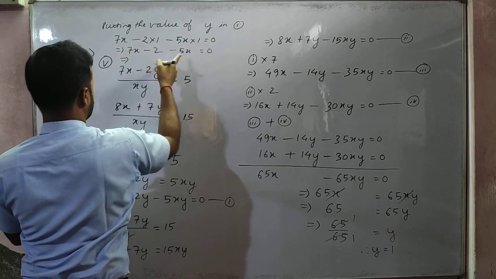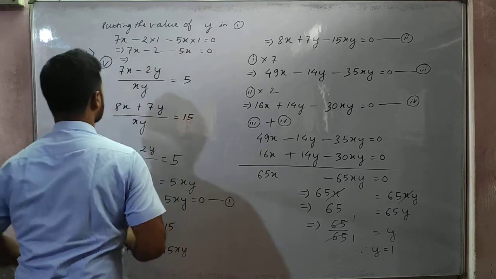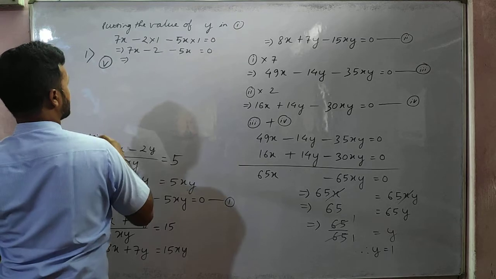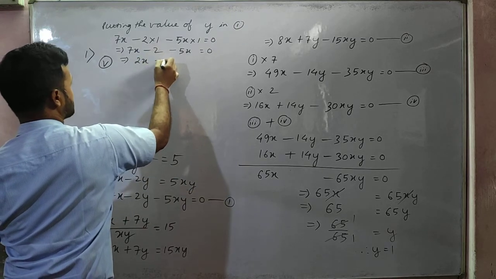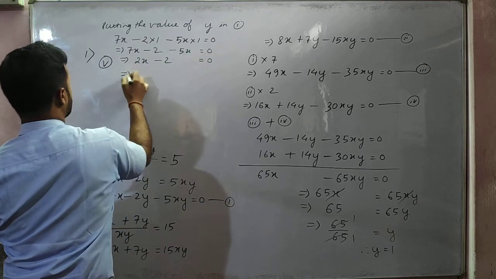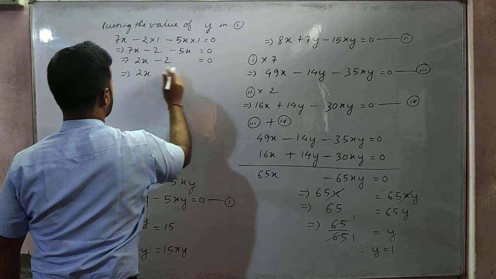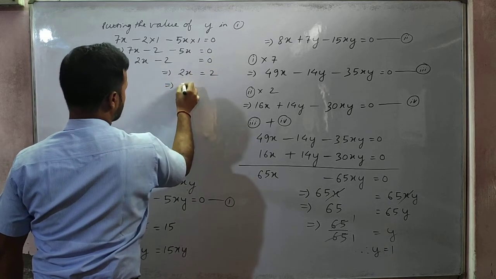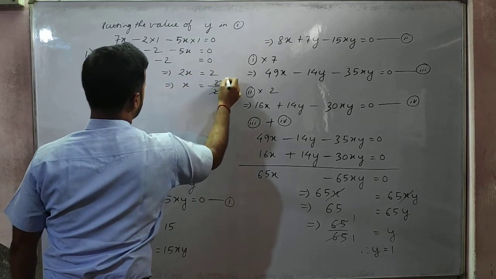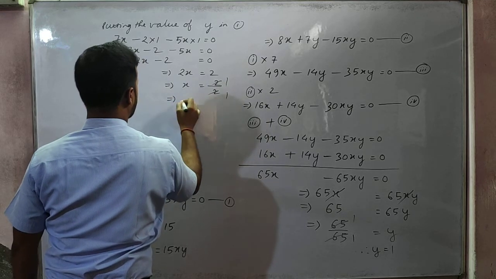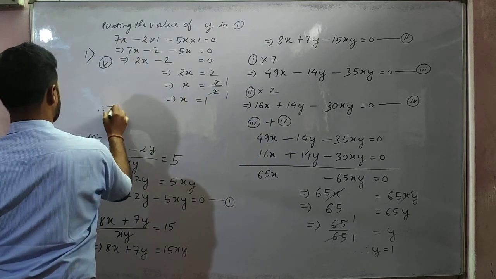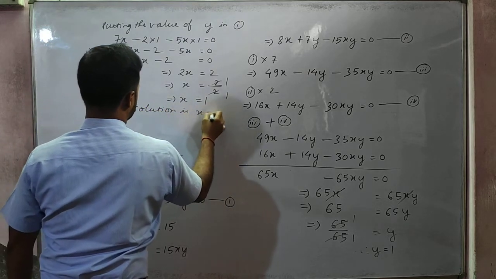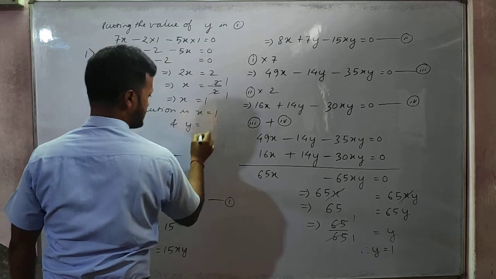So 7x minus 5x will become 2x minus 2 is equal to 0. So 2x is equal to 2, x is equal to 2 by 2. The solution is x is equal to 1 and y is equal to 1.